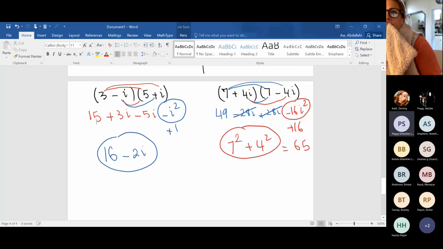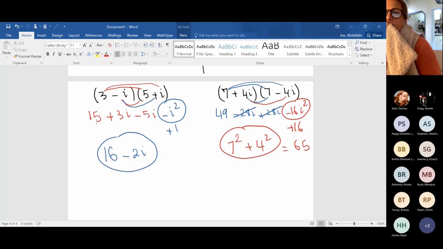Okay, so basically your shortcut is, every time you have these two numbers like this, a plus bi, a minus bi, they have a name. We have seen the word in the previous section. They are conjugates.